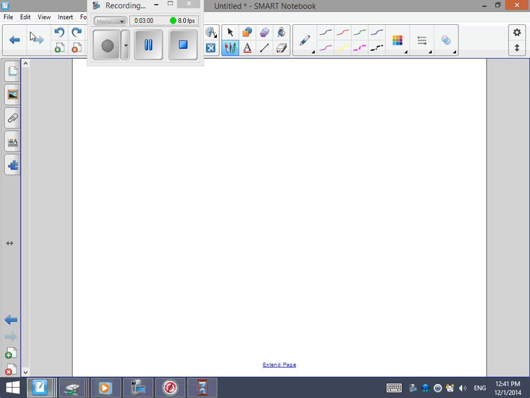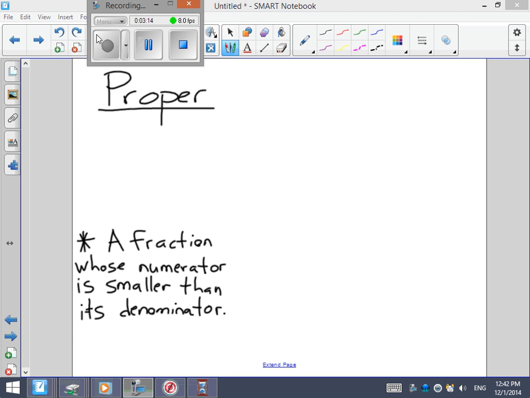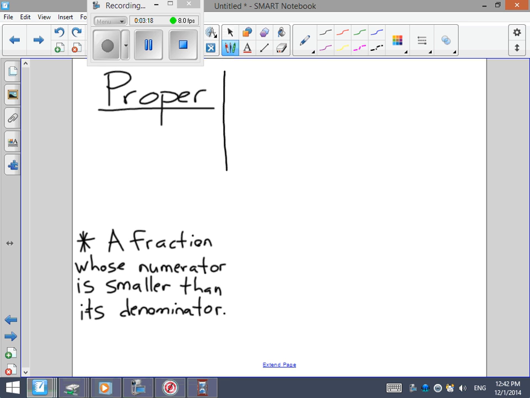We're going to talk about 3 different kinds of fractions. The ones we were just using are called proper fractions. A proper fraction is pretty simple. It's a fraction whose numerator is smaller than its denominator. So remember, the numerator is on top, the denominator is on bottom.